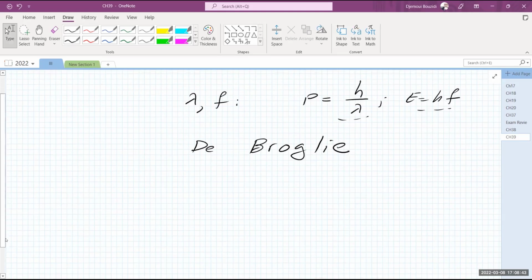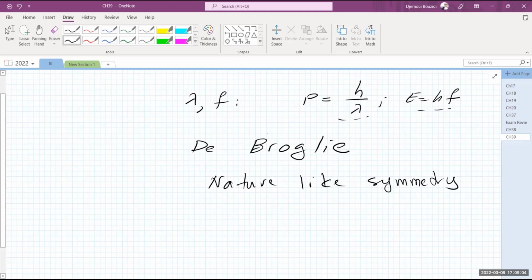But Mr. de Broglie, when he was working on his thesis in 1923, proposed an idea. Actually, he didn't publish it until 1924. And the idea is the following. Nature likes symmetry.